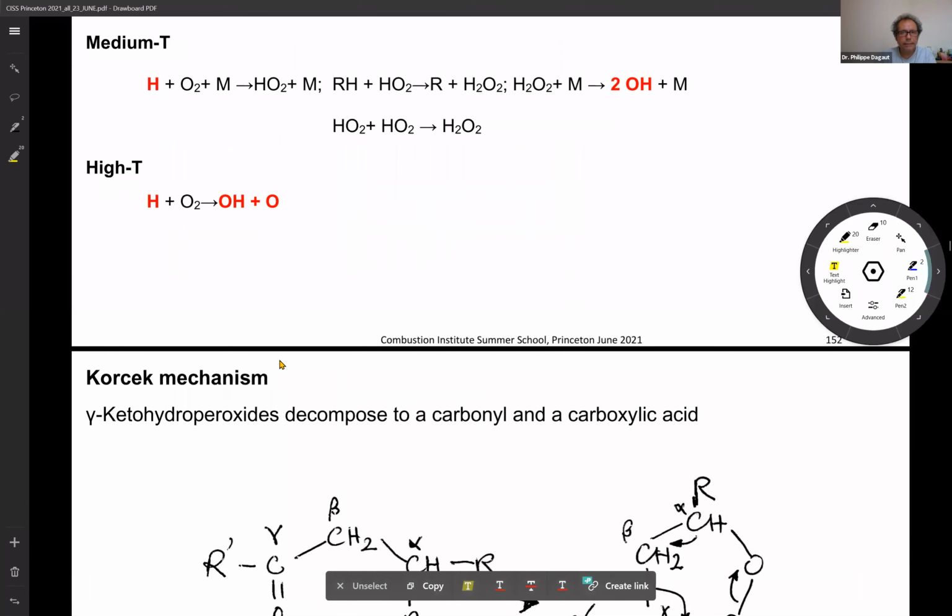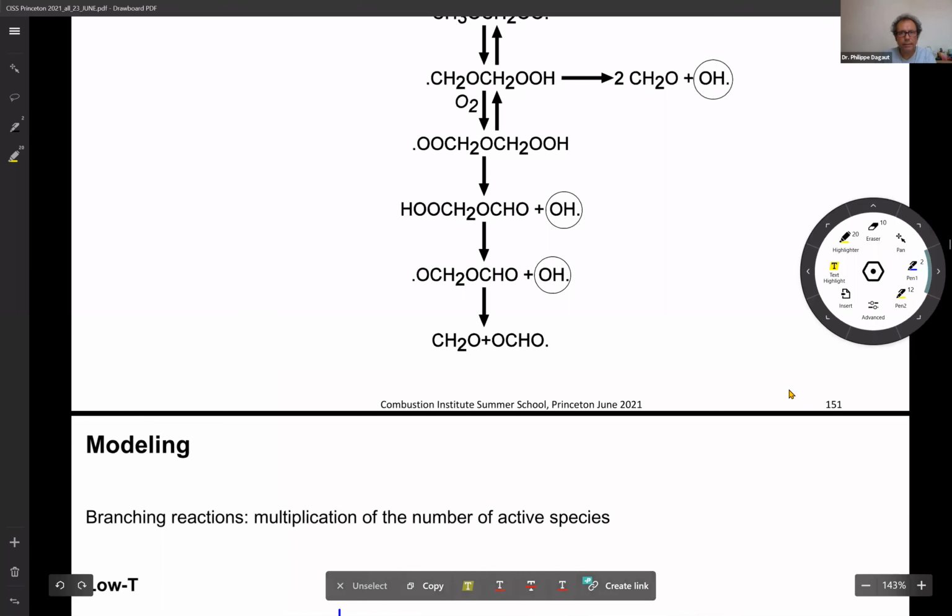Beside the reactions which are presented here, there are other channels which can be important. I didn't mention the possibility of peroxy radicals to react with themselves and produce two alkoxy radicals.